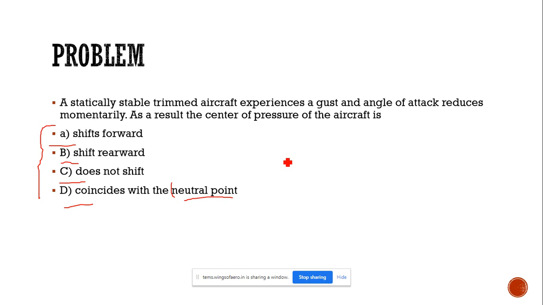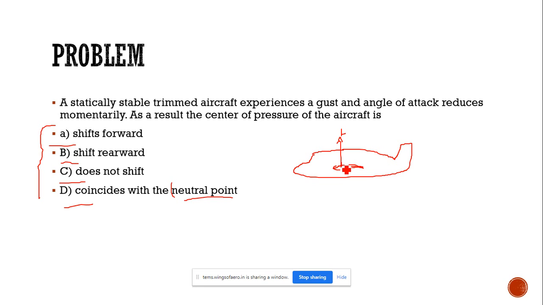So here we have three things. Consider this is an airplane. When the airplane is in trimmed position, the lift force is acting.